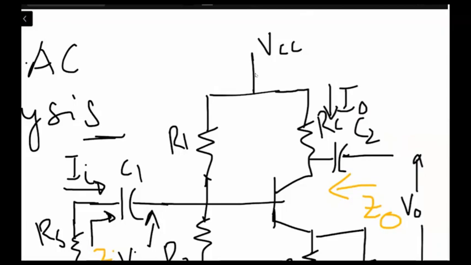When we take out VCC from the circuit for the AC analysis, one end of R1 and one end of RC will be connected to ground, right? Are you with me?